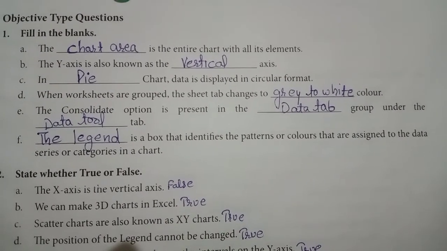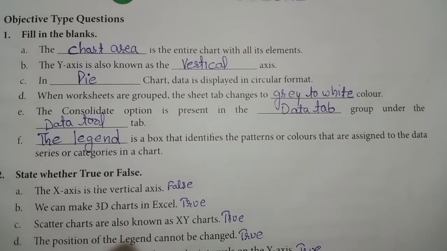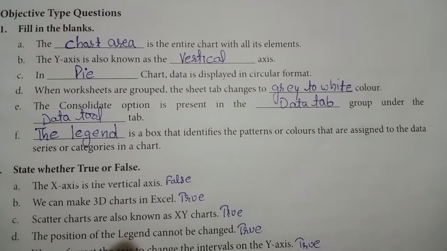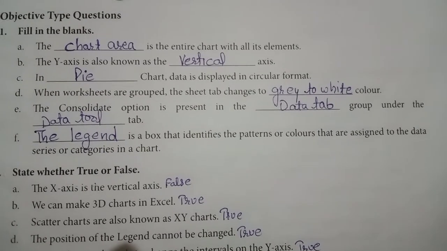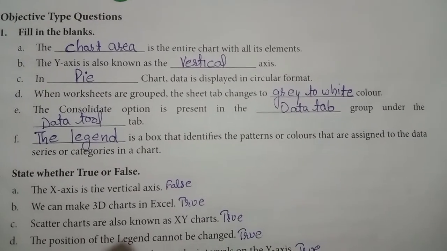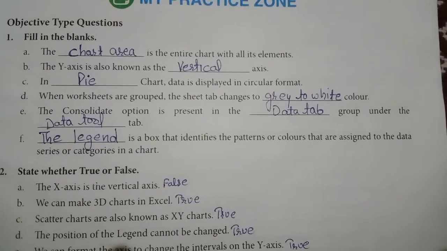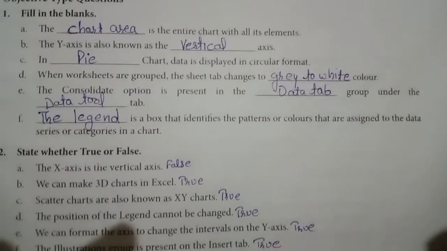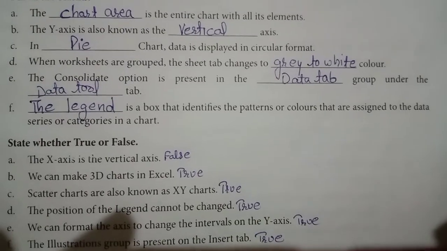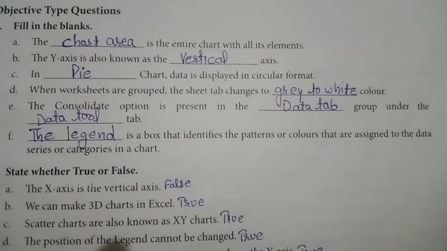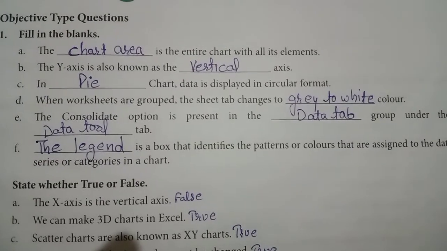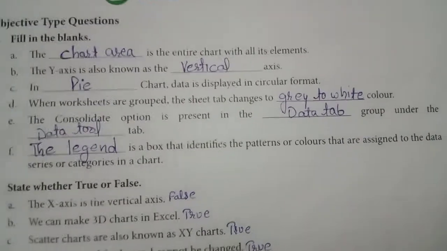E: the consolidate option is present in the data tool group under the data tab. The last one: the legend is a box that identifies the patterns or colors assigned to the data series or categories in a chart. These are the fill in the blanks which you need to note down in your classwork copies.